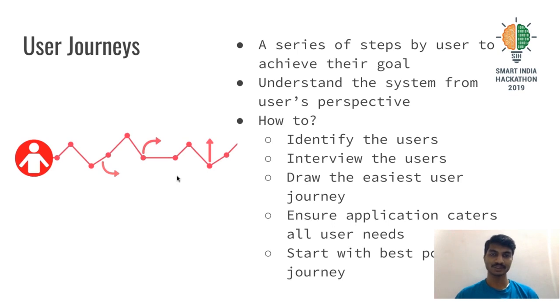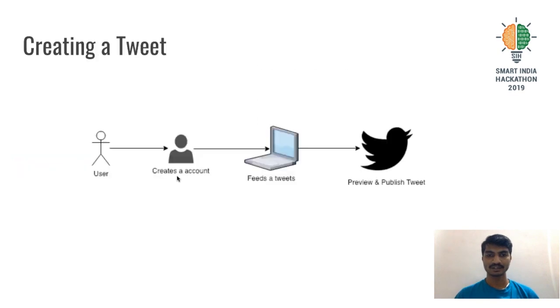After we ensure that the application caters to all the needs of the user, we need to start with the best fit of our user map. So what does a user journey map look like? Let's see the same thing here. It's a very simple illustration of a user map, which is given for our first section of the Twitter example.